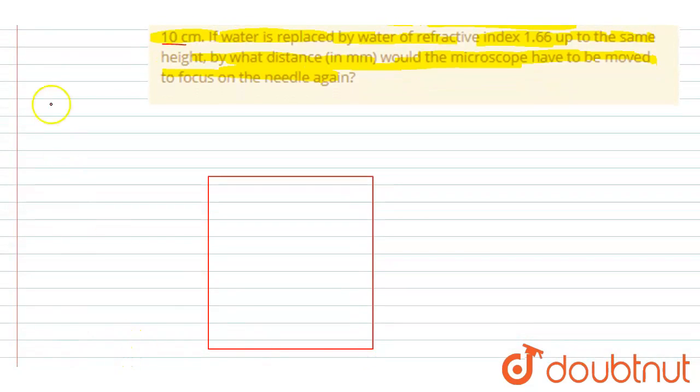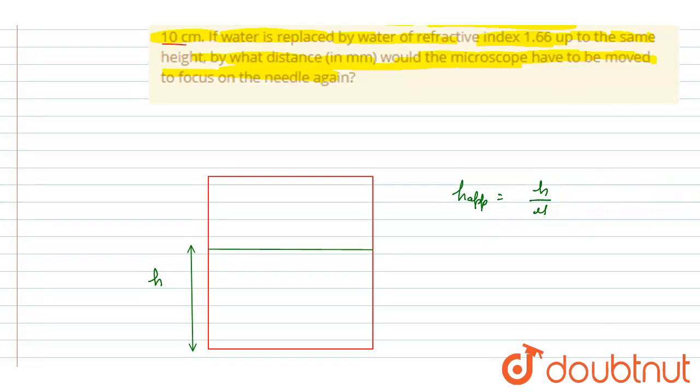So if you see, let's say this is the tank, and in this tank up to this height liquid is filled. And if I talk about the apparent height, let's say this is the height h. So apparent height, h apparent, will be equal to h by mu, right?